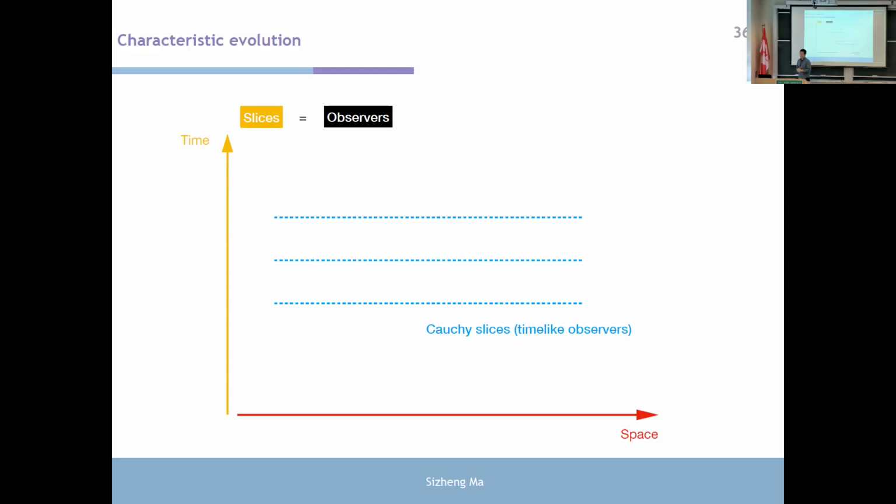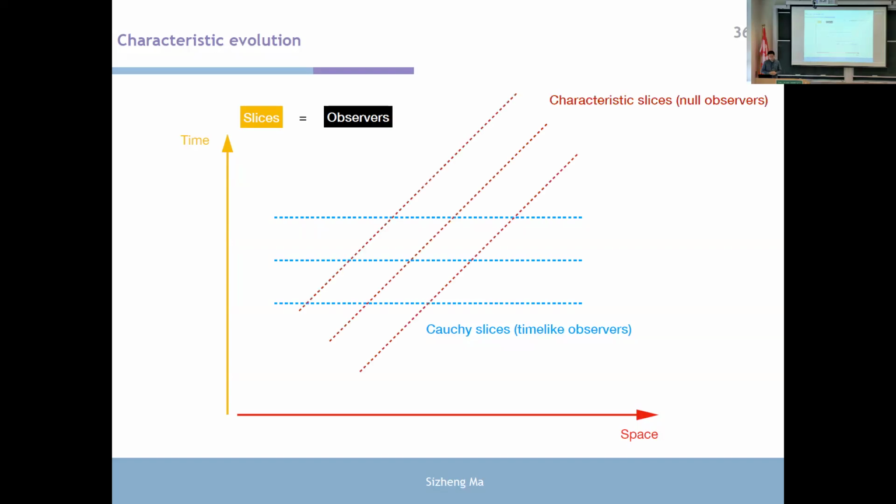And during a simulation, we track each observer and see how the metric data evolve with the local time. However, for the characteristic evolution, we instead formulate the spacetime using those null rays generated by outgoing null radiation.